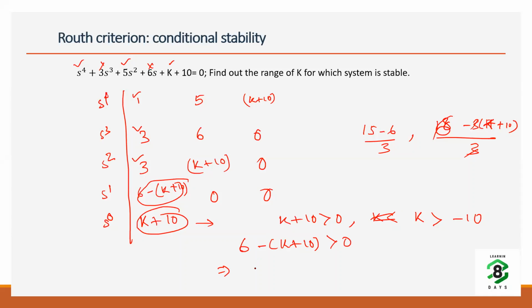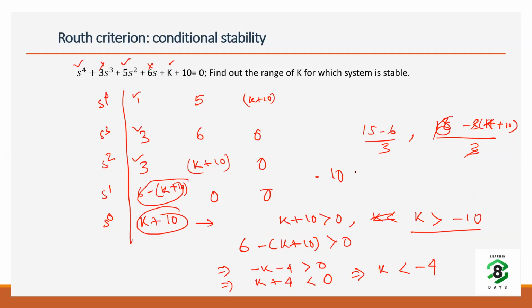What it says is that minus k minus 4 greater than 0, which is k plus 4 less than 0. That means k is less than minus 4. So you have one boundary, k must be greater than minus 10, and another boundary of k which is minus 4.